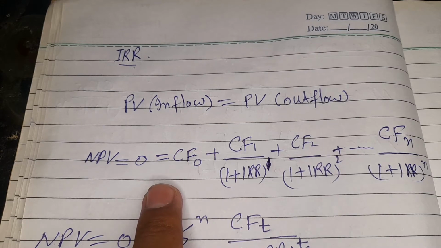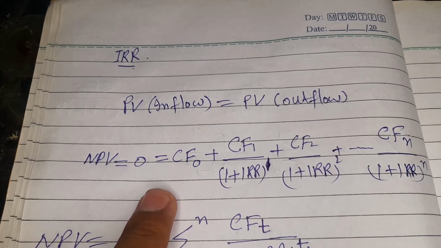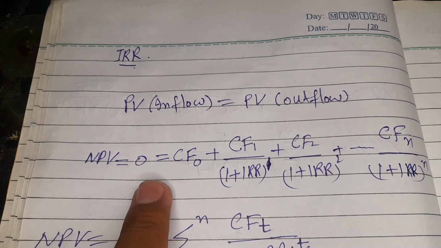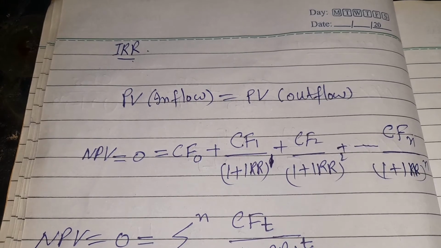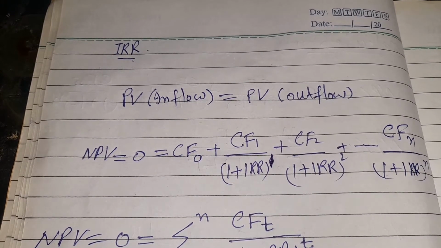If it is less than 0, we also change the rate, and we continue until the value is 0. In this way we can calculate internal rate of return. So to calculate the internal rate of return, we may use the trial and error method, that is just keep guessing IRRs until you get the right one, or you may use a financial calculator, or we can calculate in Excel.